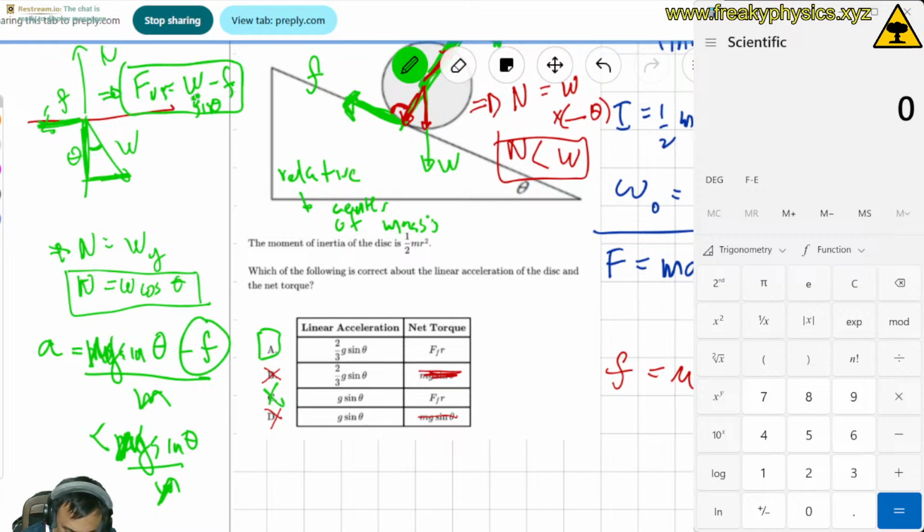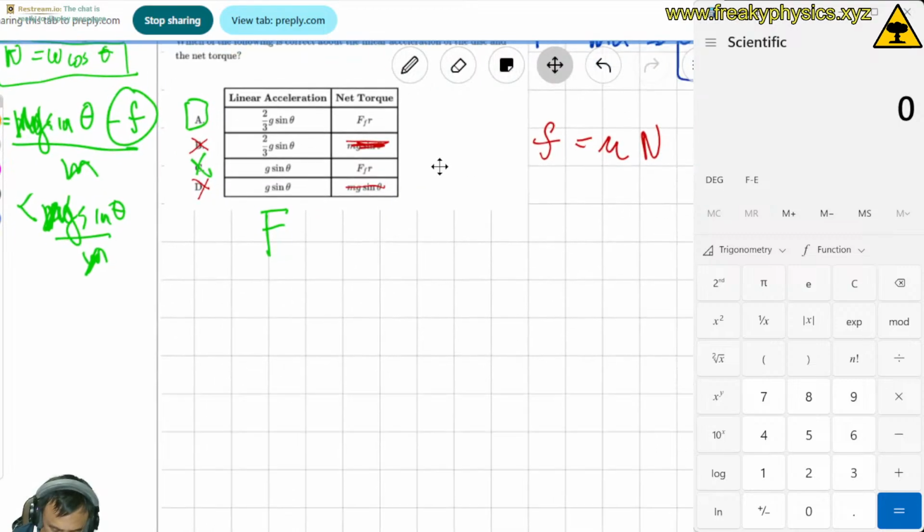Actually, this part doesn't even need n anymore because we know that F is going to be significant, otherwise it will not be rolling, it will just be slipping, right? So again, let's move it up so it's easier to see.